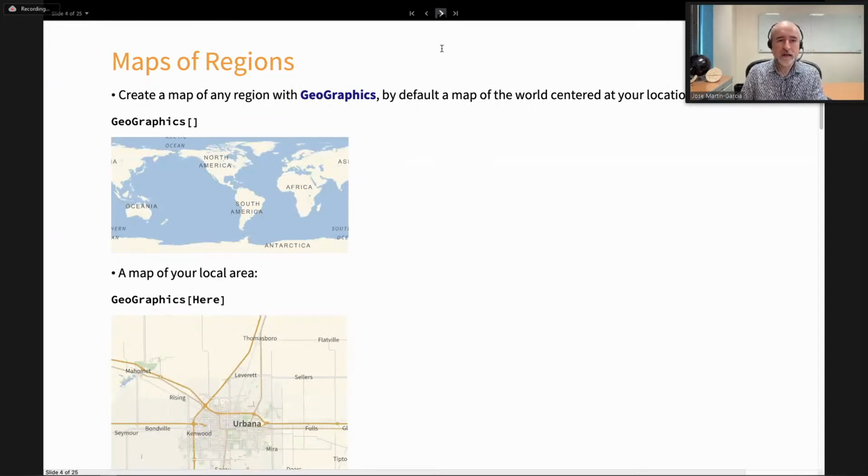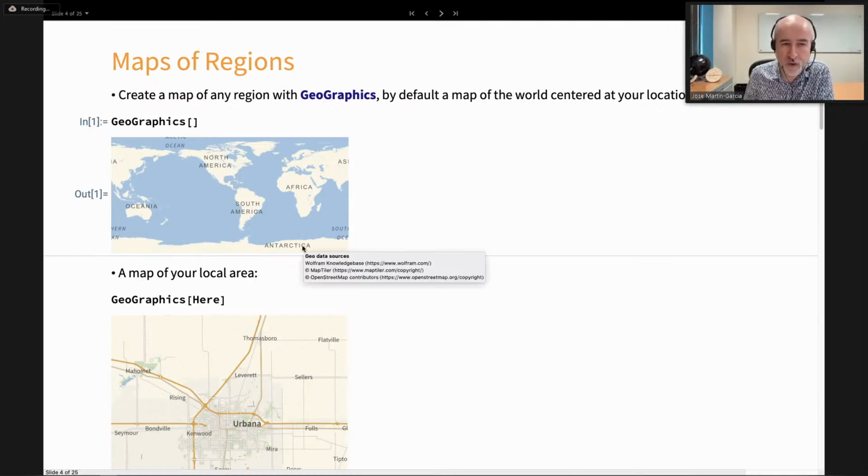So as I said, the main command in this area is GeoGraphics, which can produce maps of any area. It's very easy to use, and by default, it gives a map of the whole world centered at the meridian where you are. We are in Champaign here, and so that's the default map for us at this location.